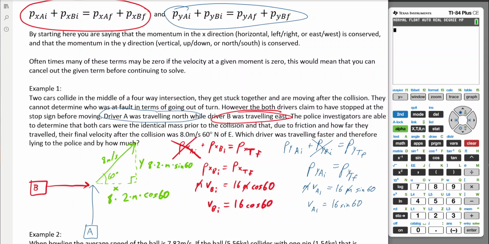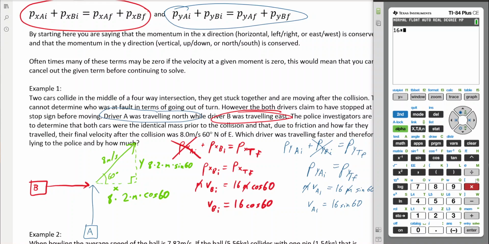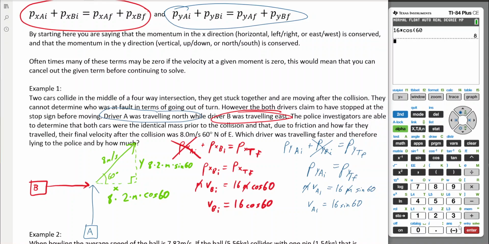Okay, so with all that said, we're going to have 16 times cos 60, which means that person B, driver B, was driving at a velocity when they collided of 8 meters per second.